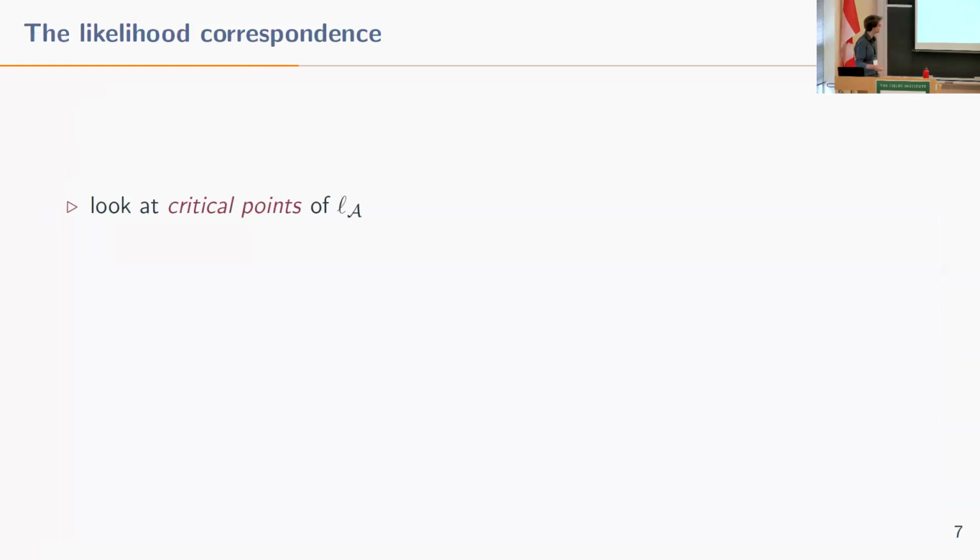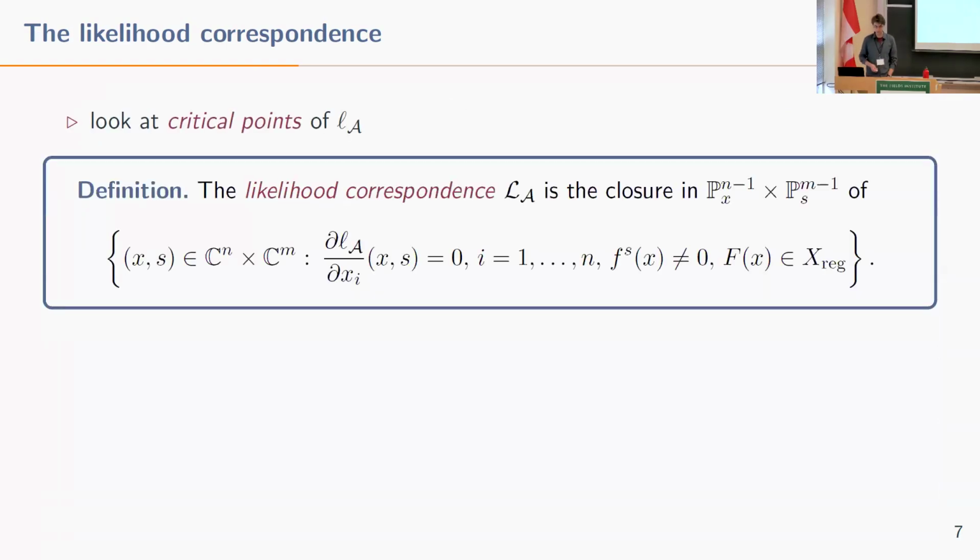So in order to maximize the likelihood function, we want to look at the critical points of it. And this brings us to the definition of the likelihood correspondence. We take the set of parameters and data points, which we think of as living in C^n and C^m.